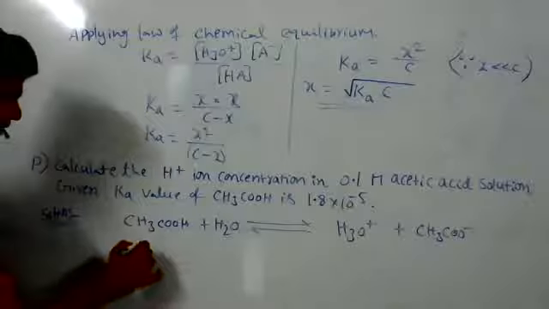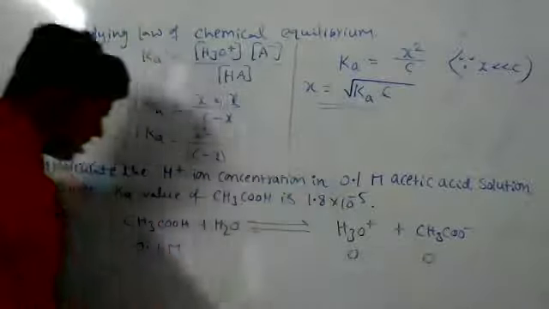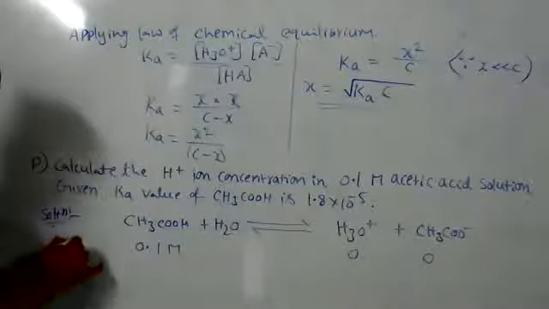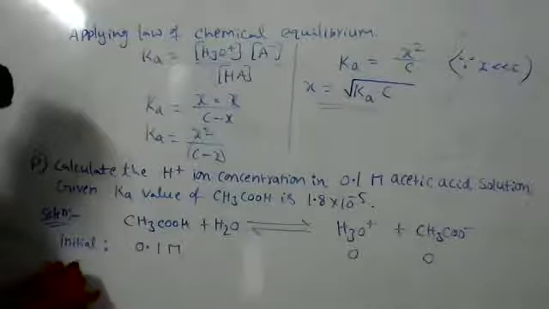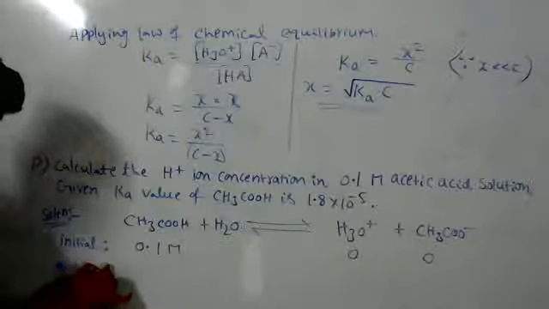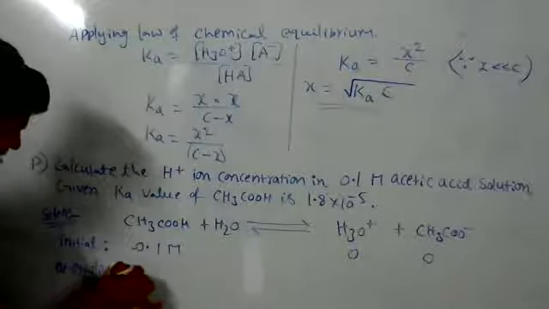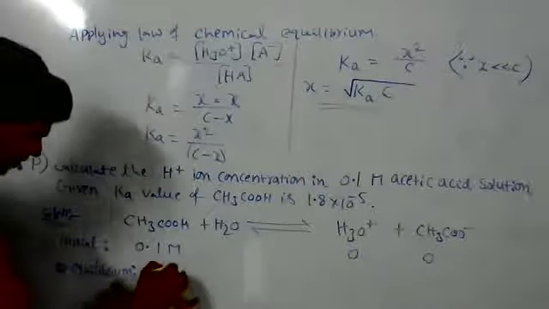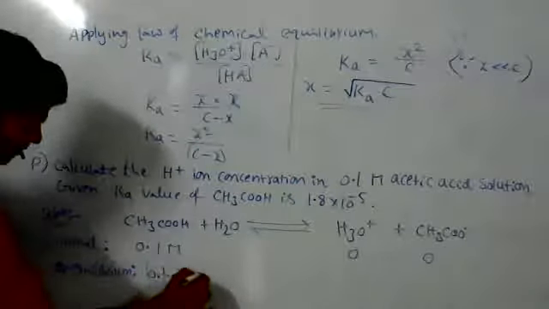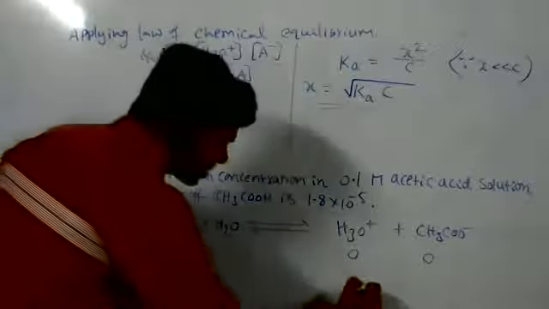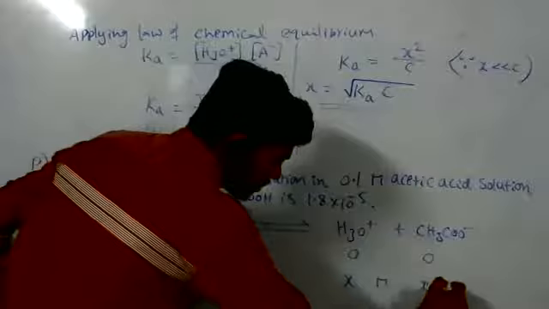This is initially 0.1 mole, 0 mole. At equilibrium, it is 0.1 minus x, x moles, x moles.